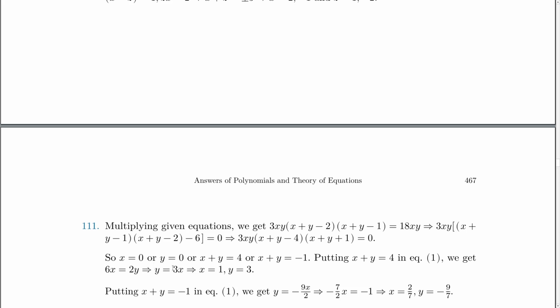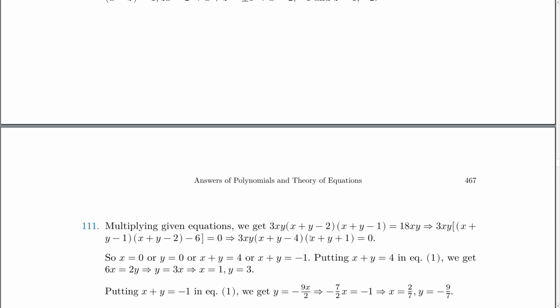That means y = 3x. Once we have y = 3x, we put it in here. We get 4x = 4, that is x = 1, and then y = 3. So we have covered x = 0, y = 0, and this gave us x = 1, y = 3.